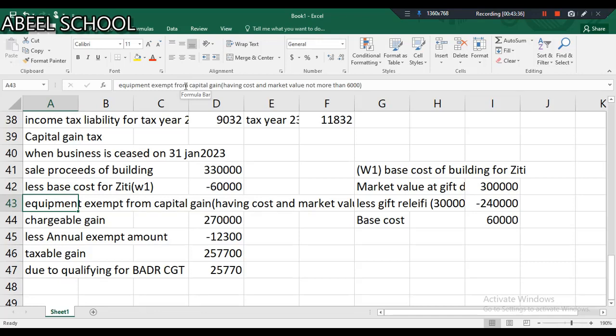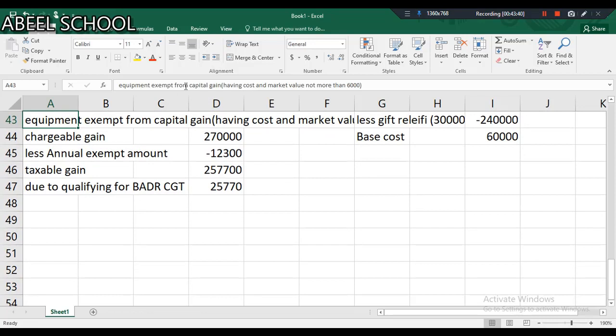That's simply great. Okay, if Ziti continues this business till 30th April 2023 and then sells it to his cousin, in that case, obviously the CGT 25,770 will remain same, but one more CGT will come on goodwill, because when you are selling the business as a going concern, then obviously you will be getting the amount against the goodwill as well.